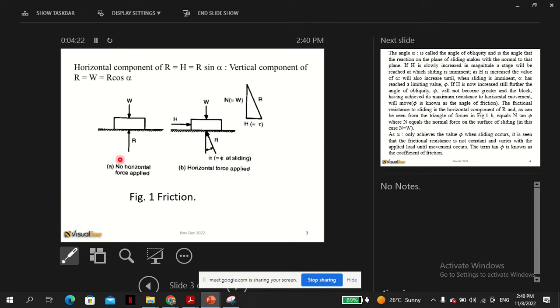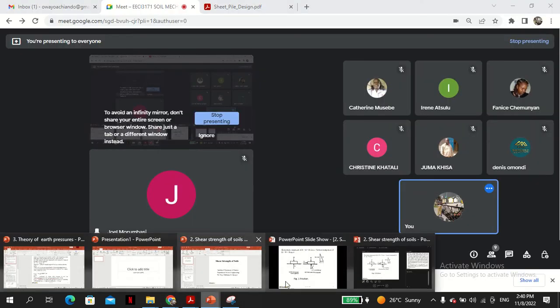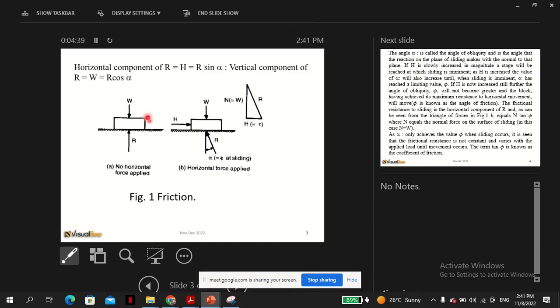So here in part A, there's no horizontal force, so the W is the same as the reaction, because the block is not moving, so the W equals R, and so fine, we are at equilibrium.